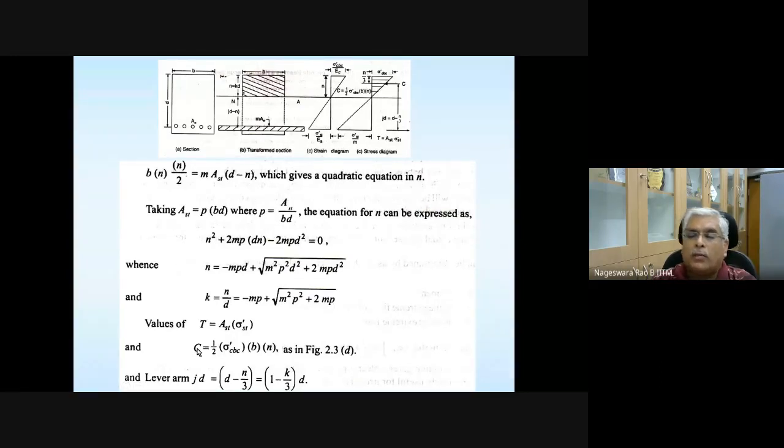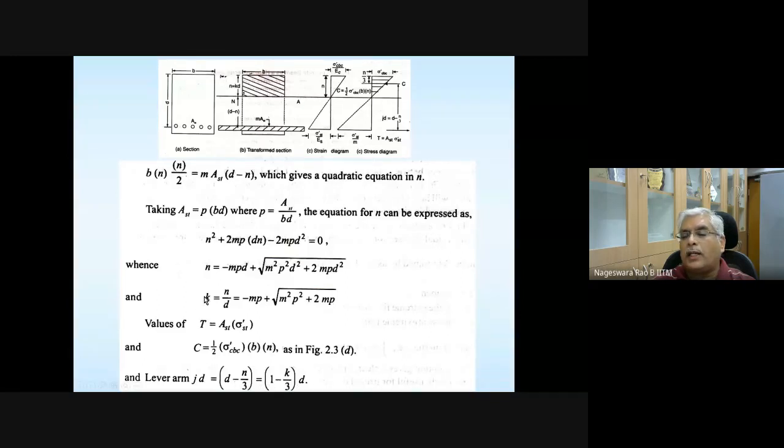And what about the lever arm factor? Lever arm distance is given by this one. Lever arm is J times D, which can be written as D minus N divided by 3. I already mentioned that to you, and this can be rewritten in this manner.